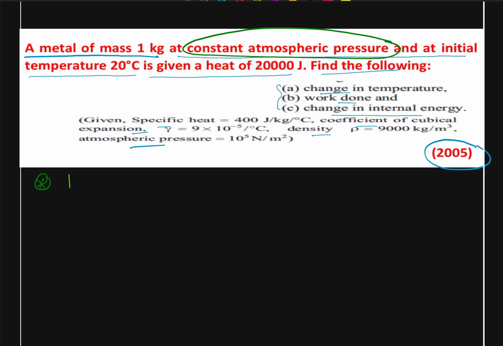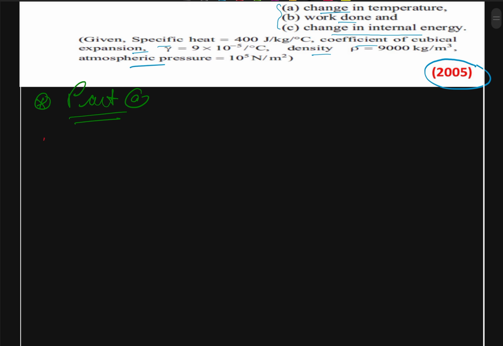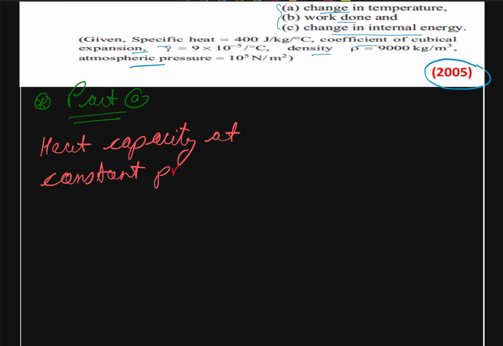So we start with part A. The heat capacity at constant pressure, suppose that is given as Q, then Q will be equal to m multiplied by C multiplied by delta T.